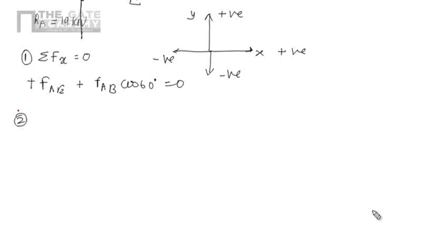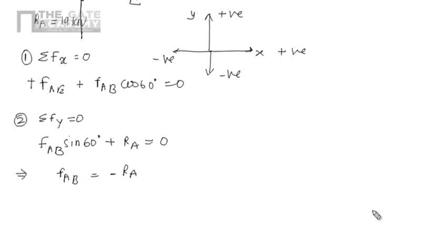Similarly, for condition number 2, the algebraic summation of all vertical forces should be 0. So in vertical direction, we are having FAB sin 60, the component of FAB in vertical direction, plus RA equals 0. So if we solve it, FAB equals minus RA divided by sin 60.